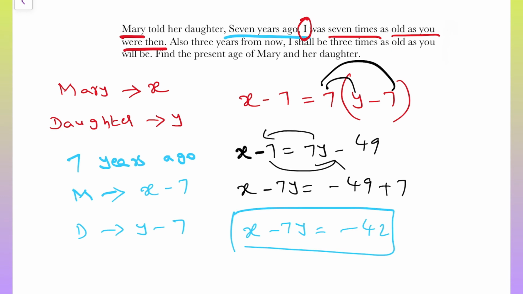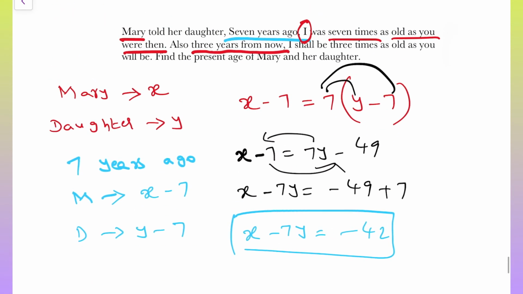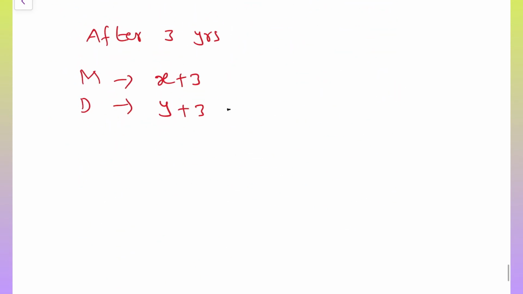Next, coming to the second condition. Also 3 years from now. It means after 3 years, right? So Mary's age and daughter age. Mary's present age we took as x, right? Then after 3 years what will happen? X plus 3. Daughter's age we took as y, right? So after 3 years she will become y plus 3. Okay. After 3 years I shall be, I means again Mary only, right?